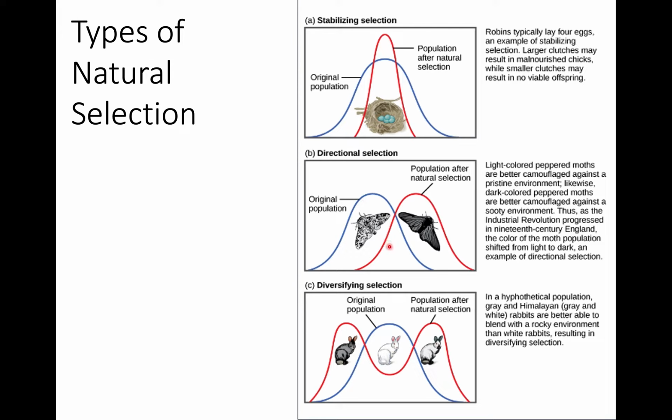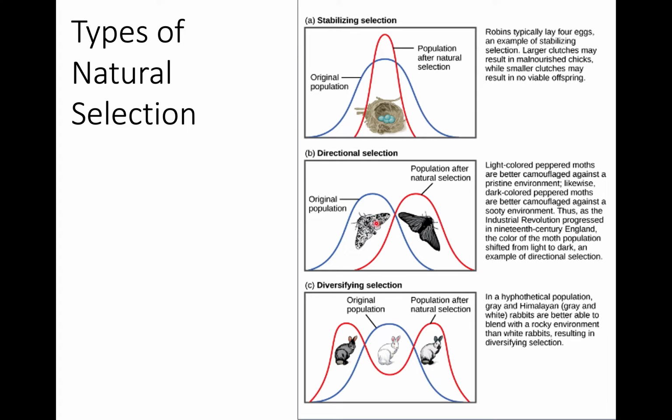You had some moths that had totally black covering, some minority of moths that had no spotting and were mostly white, and in the middle, most of the members of the population had spots on them.